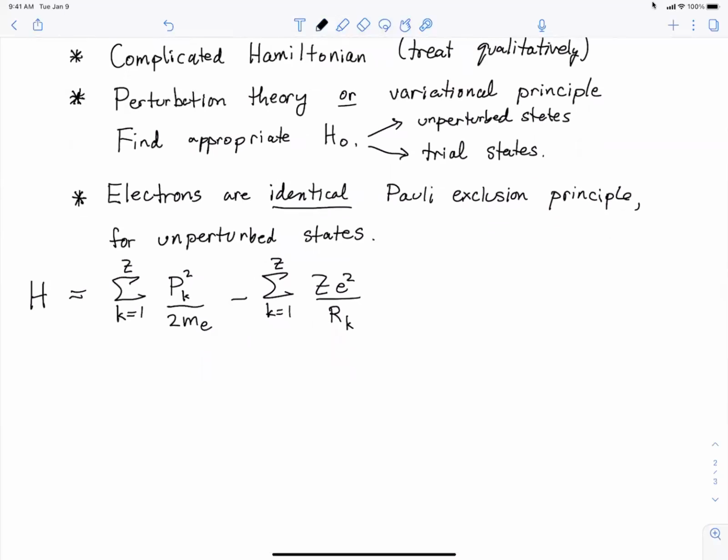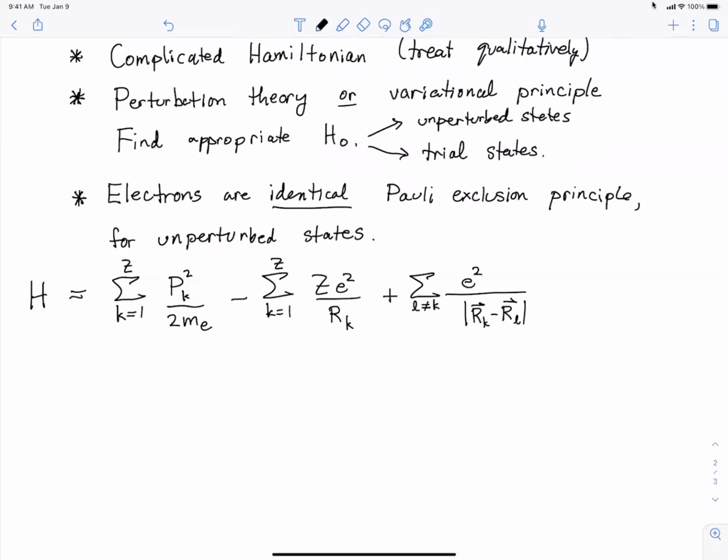But then the electrons repel each other. And so I have some sum over L not equal to K. L is again an electron label of the charge of the electron squared divided by the distance between them. So R K minus R L. This is where it gets complicated.